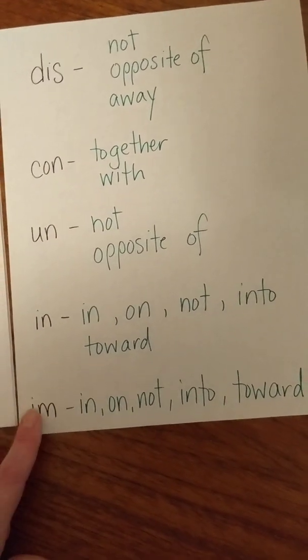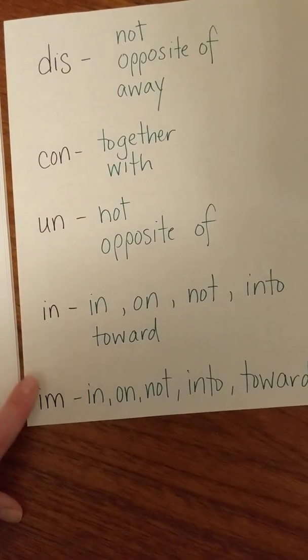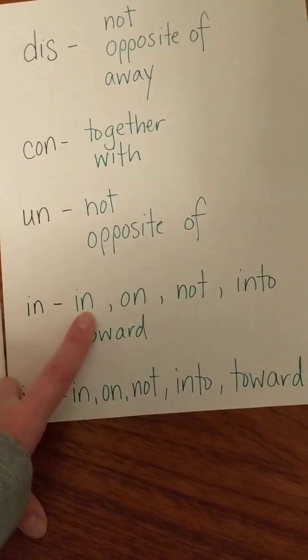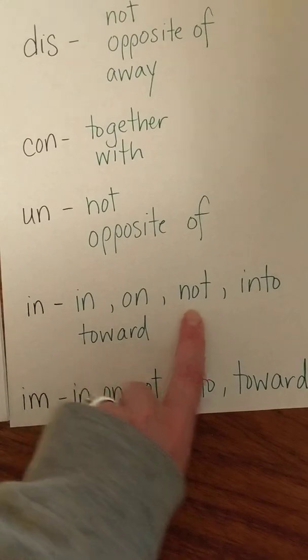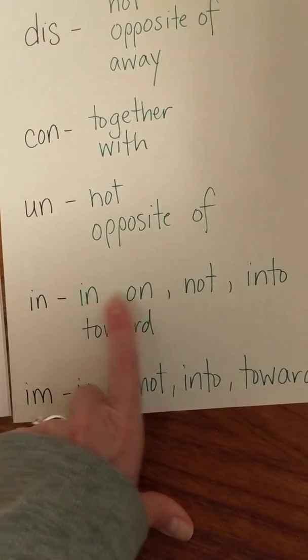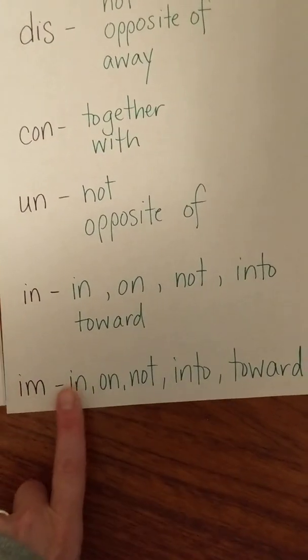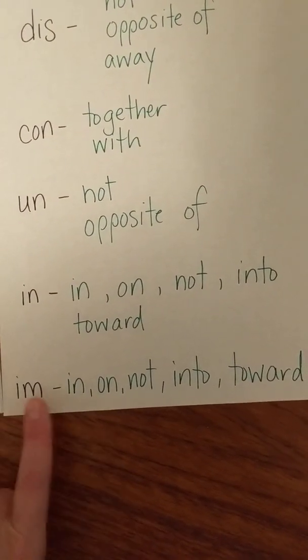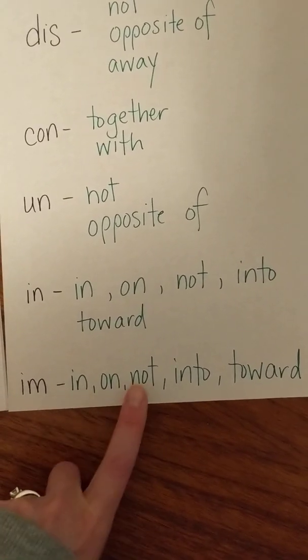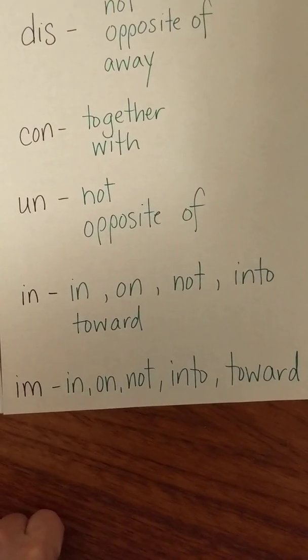Then we have in and im. Now both in and im mean the same thing, okay? They can mean in, on, not, into, or toward, okay? So in, on, not, into, or toward. And im means the same thing. So if somebody is immature, it means they are not mature, okay?